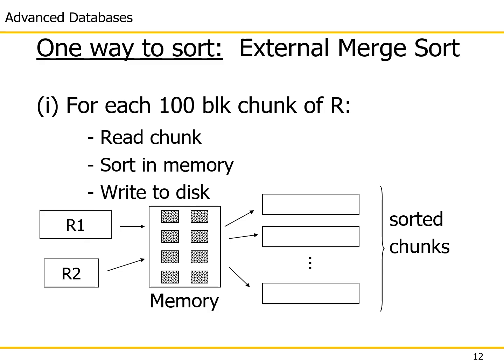So a page could come to me having the values 100, 7, 1. So I have to change the order of the rows. It becomes 1, 7, 100, and then I put it on disk. Now the next one might come to me as 40, 30, 50. I have to change the order of the rows. It becomes 30, 40, 50, and then put it back on disk. So this is the first step.